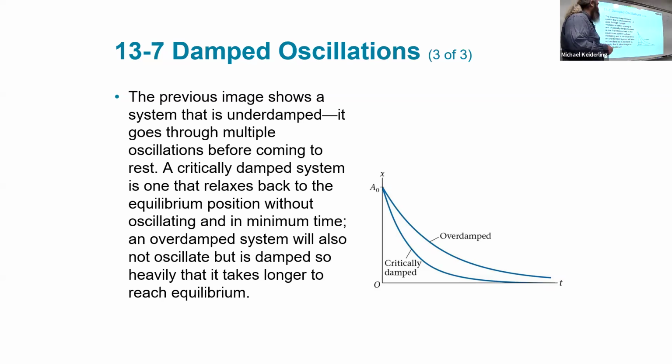And an overdamped system is one that won't oscillate, but it's damped so heavily that it takes longer to reach equilibrium. Basically, it heads towards equilibrium, but the whole time that damping force is fighting against the return force.